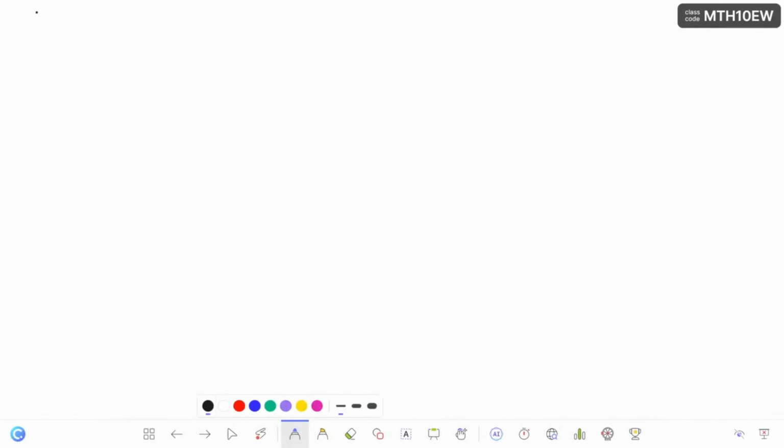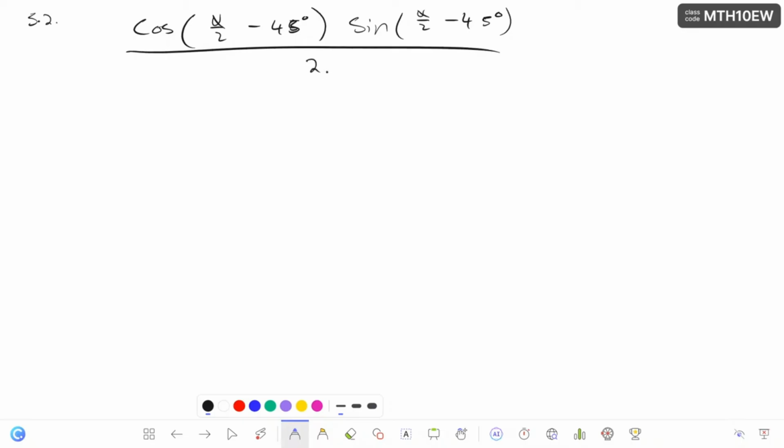This one is going to be 5.2. So we are given cos of (alpha divided by 2 minus 45 degrees) times sine of (alpha divided by 2 minus 45 degrees), all over 2.